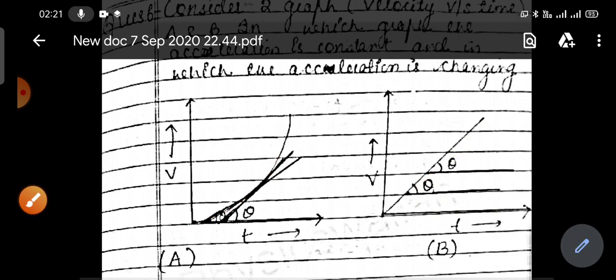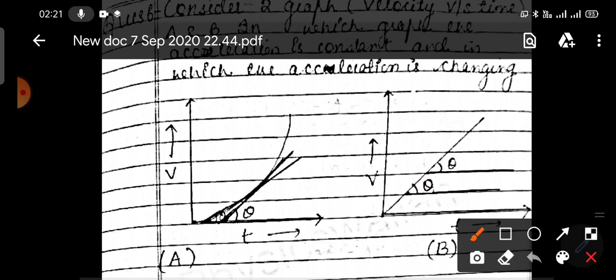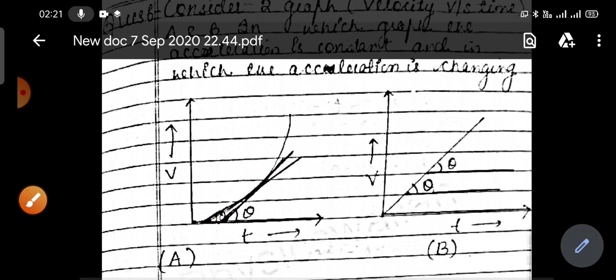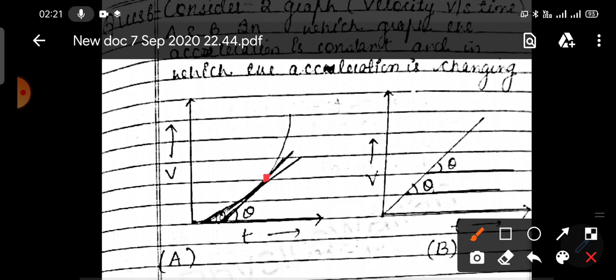If you look at the first graph, acceleration is changing. How is acceleration changing? Suppose I take this point and draw the tangent, so this is our theta. After some distance, if I take another point, the value of theta is changing.